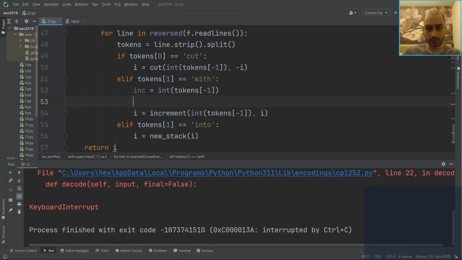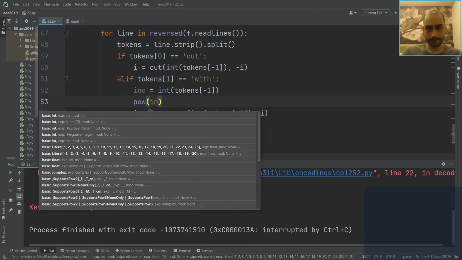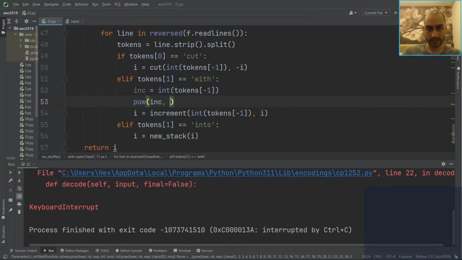So basically we want to raise inc to the power of n minus 2 modulo n.